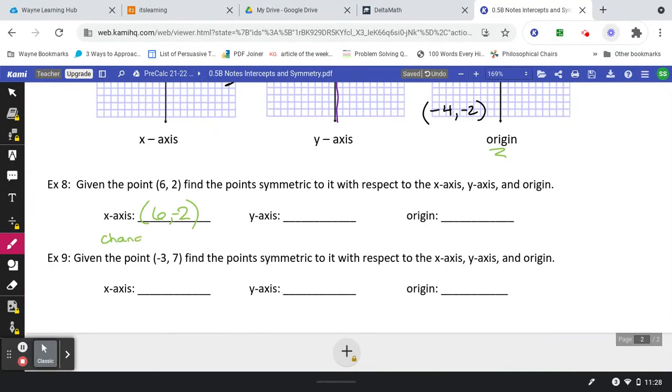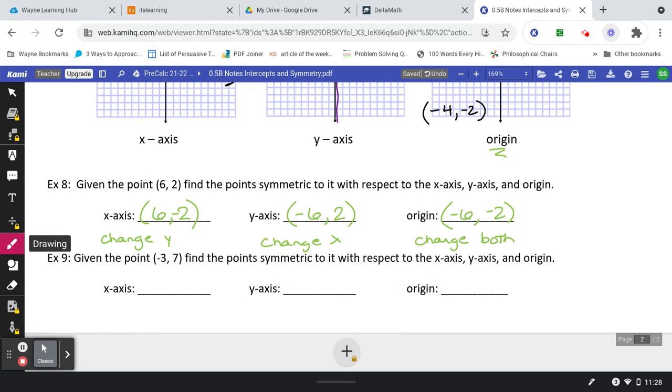So if you want to write a note, change the y. For the y-axis symmetry, you're going to change the x but leave the y the same. And for the origin, change both. Change the x, change the y.